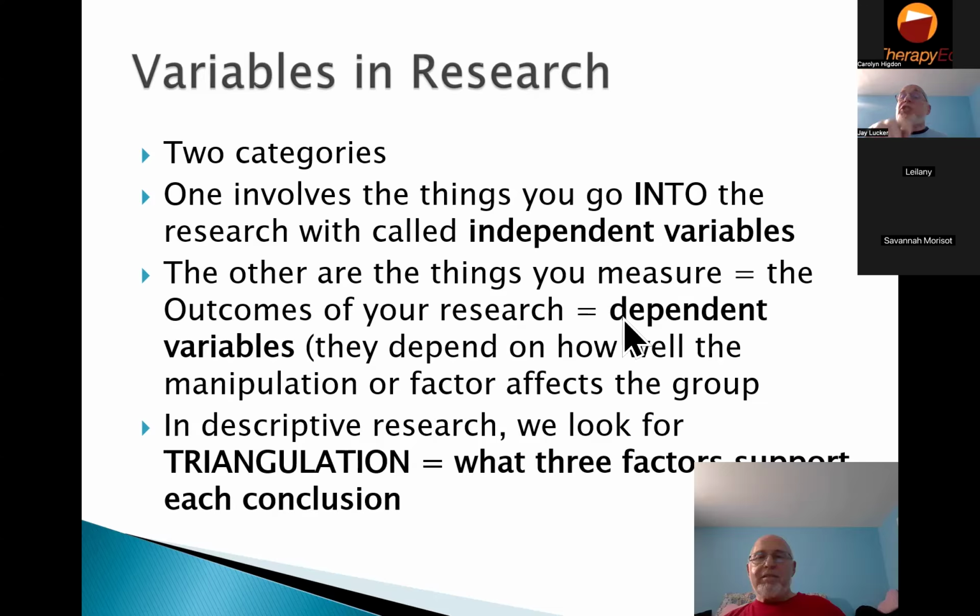With descriptive research, we still have independent variables. What we're choosing, who we give the things to, or who we ask the questions about, or the things we're observing. Okay? We can observe behaviors, and that's just describing things. And the dependent variable is, let's say we're describing behaviors, and we notice that the kids who are doing the best with their therapy are kids who are behaving this way.